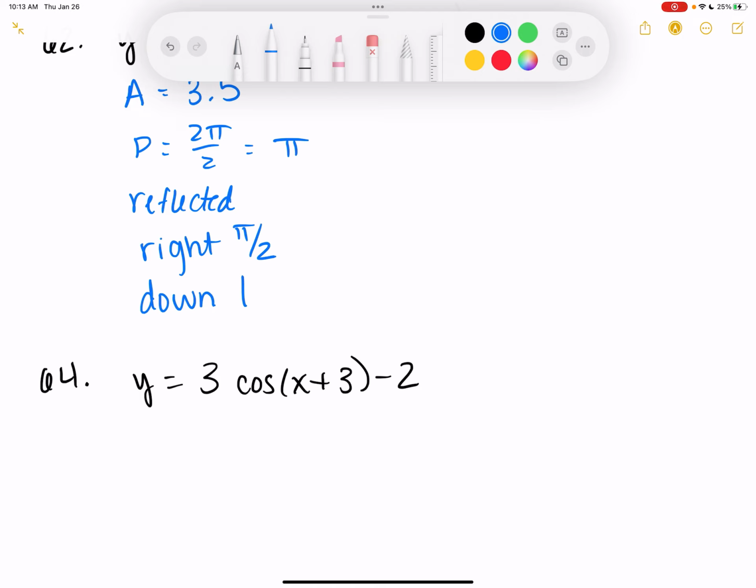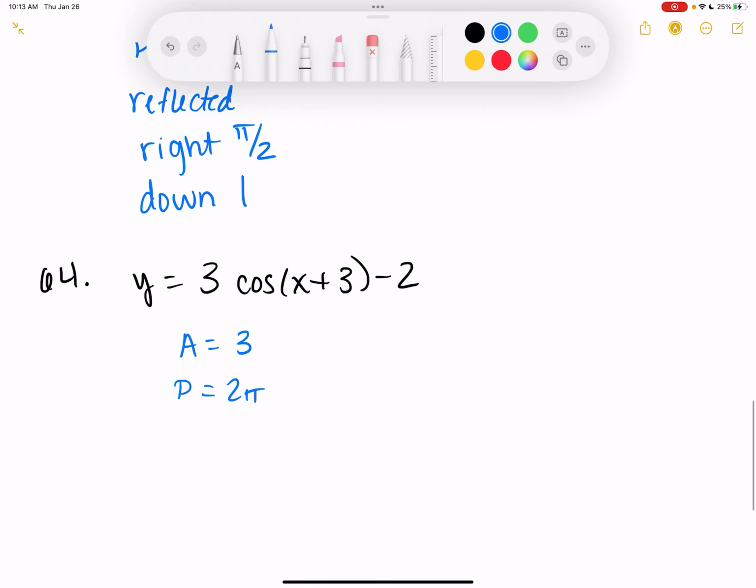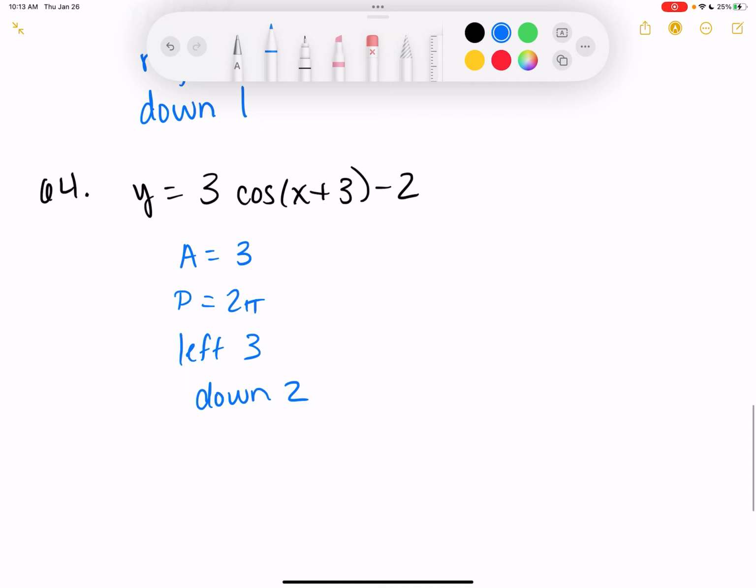Amplitude, which is 3. Okay, period, which is just 2 pi. And then it's going left 3 and down 2. That's helpful. All right, and we'll do one more.